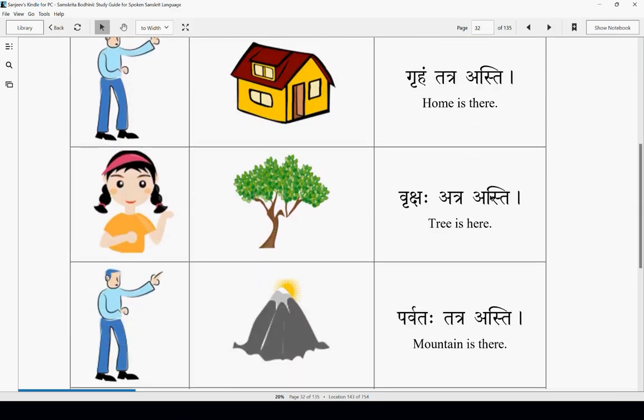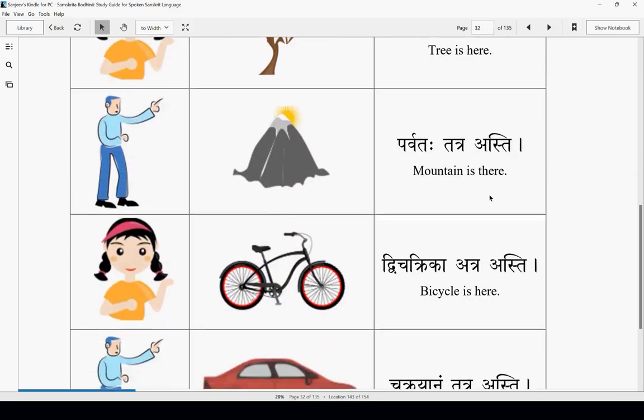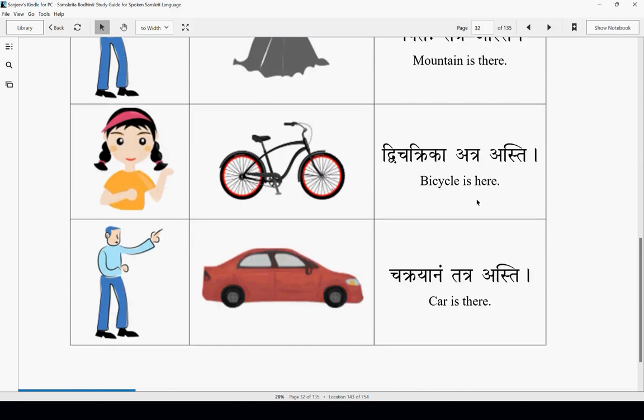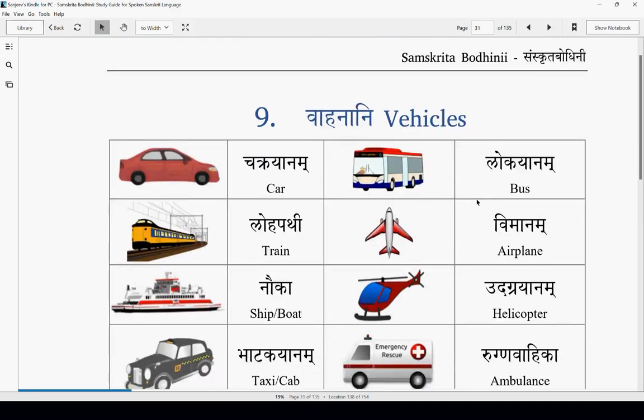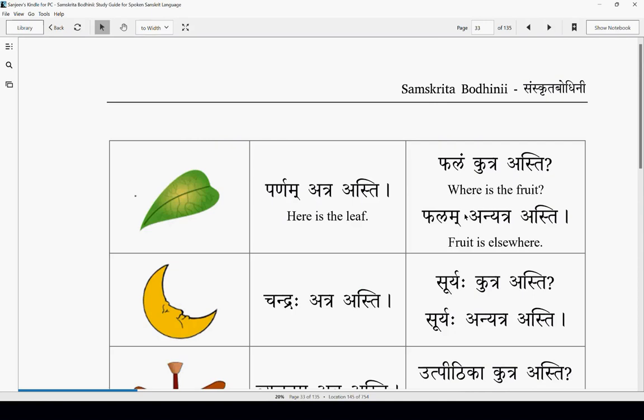Tatra graham. Atra vrikshaha. Tatra parvataha. Atra dichakrika. Tatra chakrayanam. Kutra phalam. Here also you can shuffle and ask, and asti can be removed. Phalam kutra, kutra phalam.